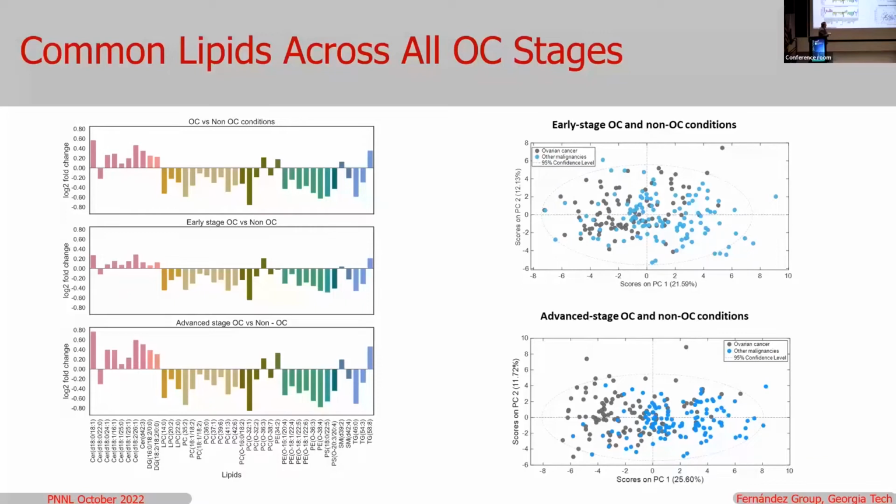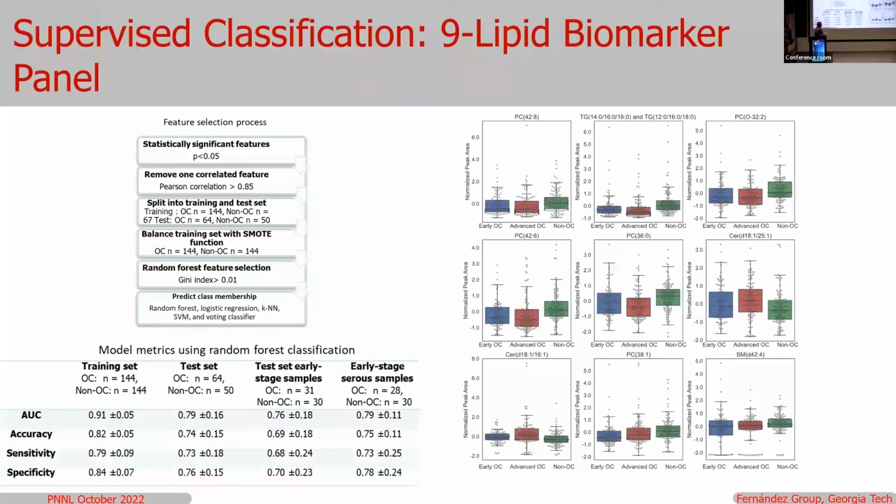Of course, as you go to advanced stage patients, the difference increases because these are patients that are very sick. So at an advanced stage it is very, very clear to map. If you try to find the absolute best lipid panel to discriminate between ovarian cancer and non-ovarian cancer conditions, you see again that it is possible.